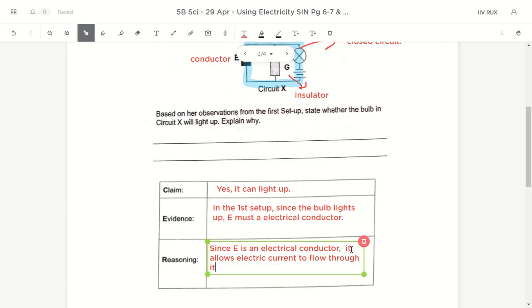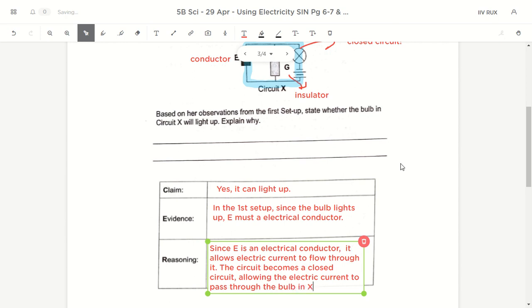And when electric current can flow through it, the circuit becomes a closed circuit, allowing the electric current to pass through the bulb in X.